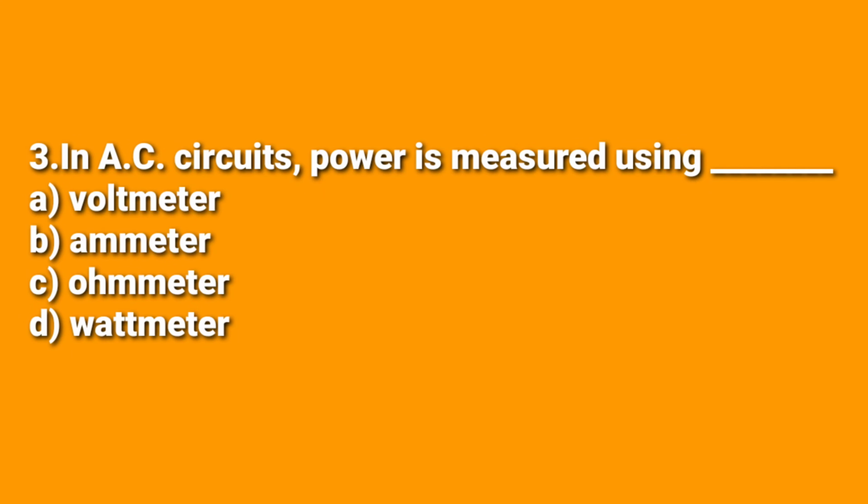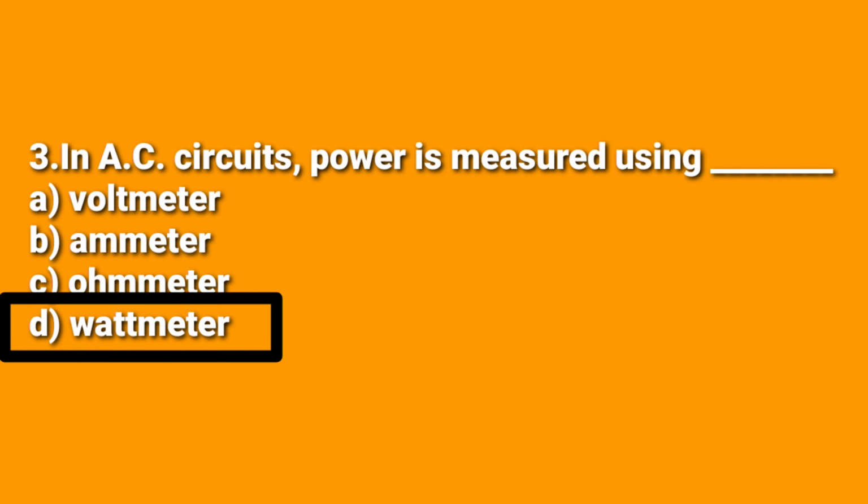In AC circuits, the power factor of the circuit is involved in addition to the current flowing through the circuit and the voltage across the circuit. As a result, a wattmeter is used to measure AC power. Hence, the answer is D, wattmeter.